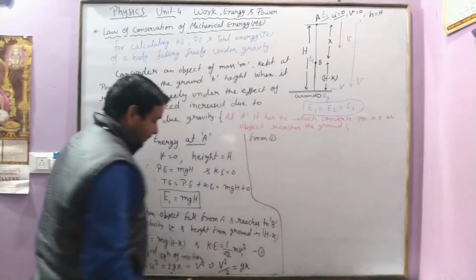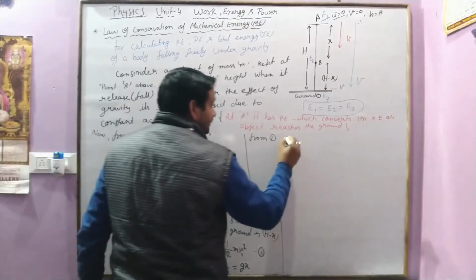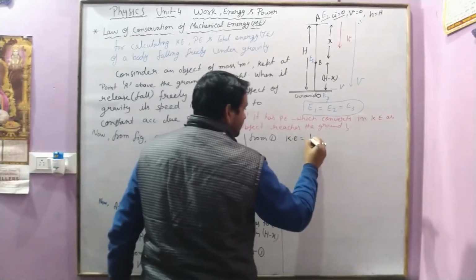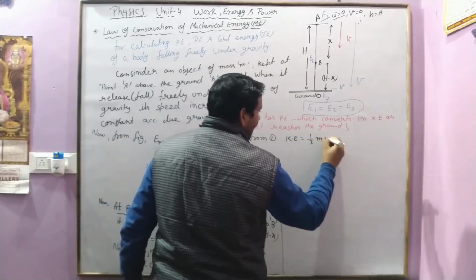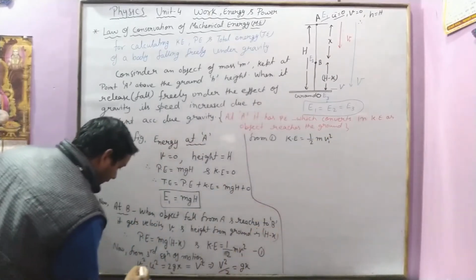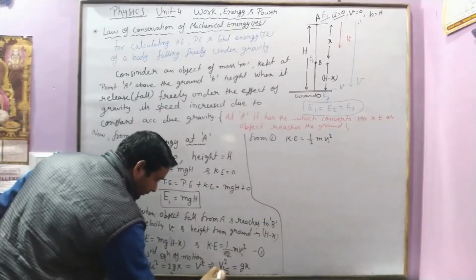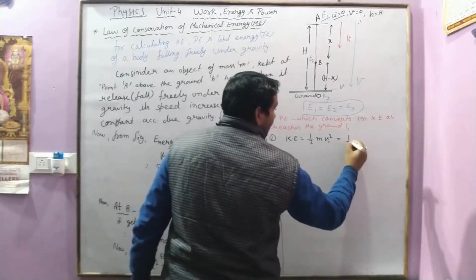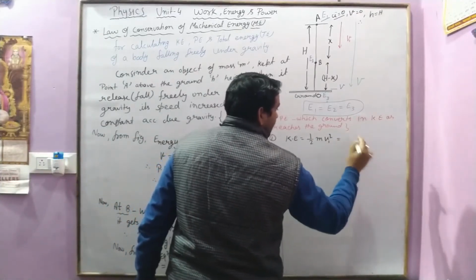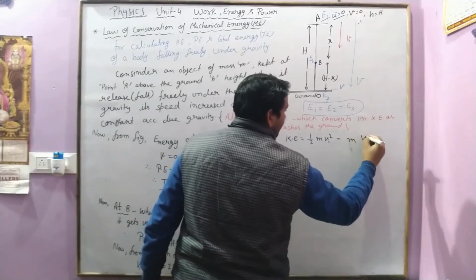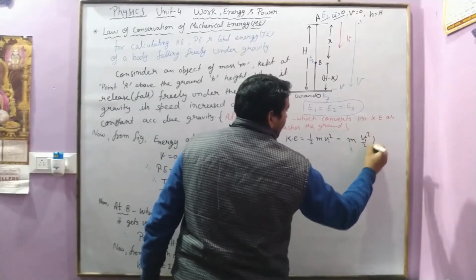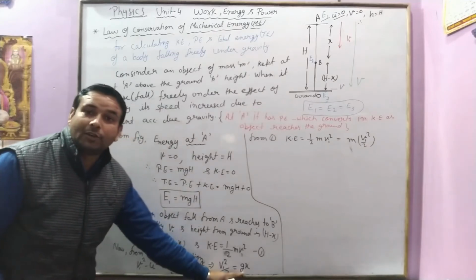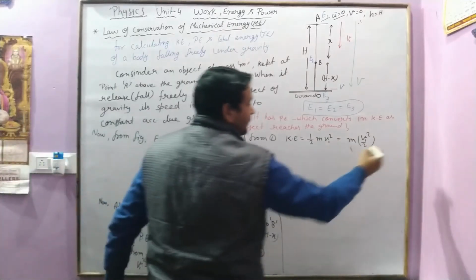From first, here the kinetic energy is equal to half mv1 square. Okay, then m v1 square by 2. In place of v1 square by 2, we can put the value of gx.